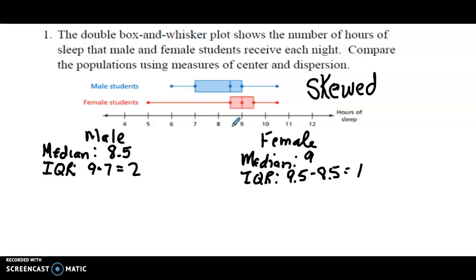So your sentence has to start off by telling your reader what you compared. So my first two words are going to be the median. And I'm going to underline the word median because that's an important word. And if we were finding the mean, we would write mean there. Now we want to have a little bit of context of what this was about. And this was about the hours of sleep they receive each night. So I'm going to write the median hours of sleep.